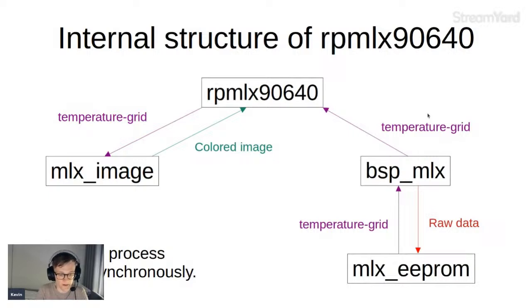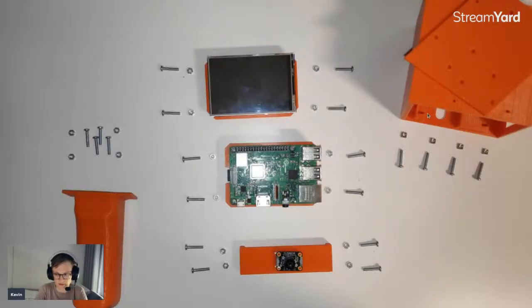So now we get to how to build the camera. Here's all the stuff you need for building it. You can see the 3D printed parts in orange and the electrical components in the middle.